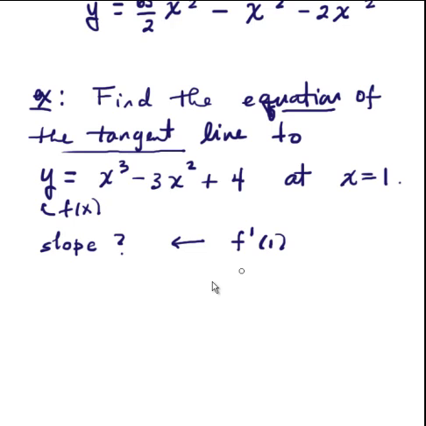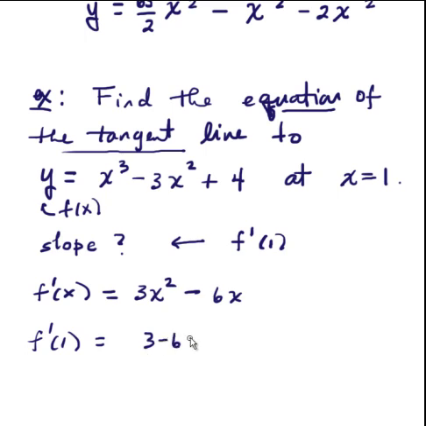So first let's find f prime of x. Just find the derivative. Okay, power rule, 3x squared minus 6x, and the derivative of a constant is 0. Okay, so f prime, now plug in the 1. That's 3 minus 6, or minus 3.